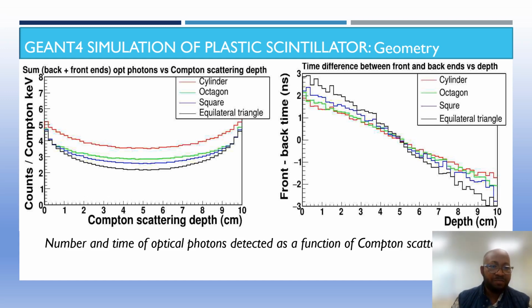So as we can see from here, the red line, which indicates the cylindrical shape, produced the highest number of optical photons, whilst the equilateral triangle produced the least number of optical photons.